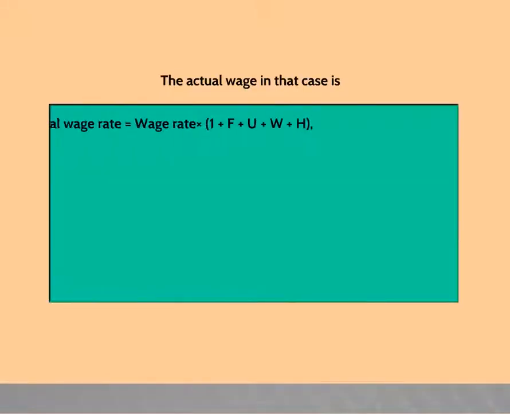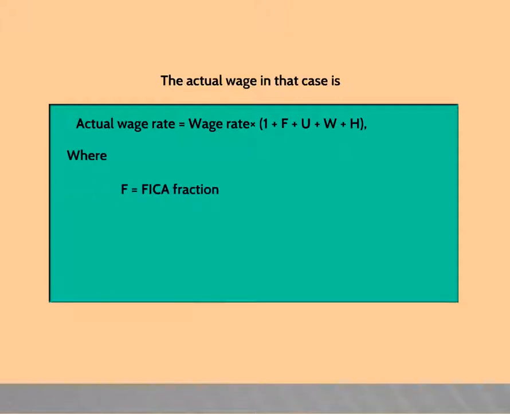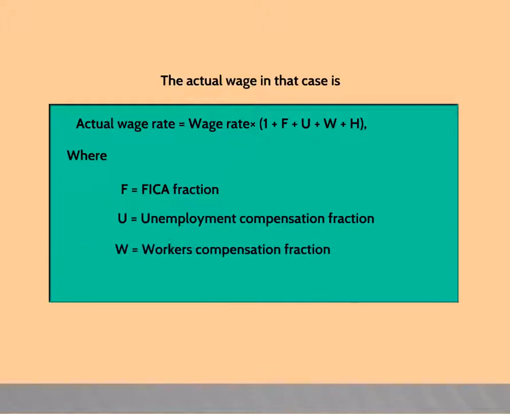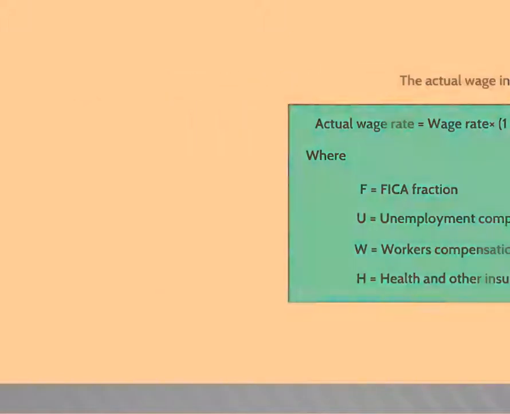The actual wage in that case is: actual wage rate is equal to wage rate times (1 + F + U + W + H), where F is equal to FICA fraction, U is equal to unemployment compensation fraction, W is equal to workers' compensation fraction, H is equal to health and other insurance compensation fraction.